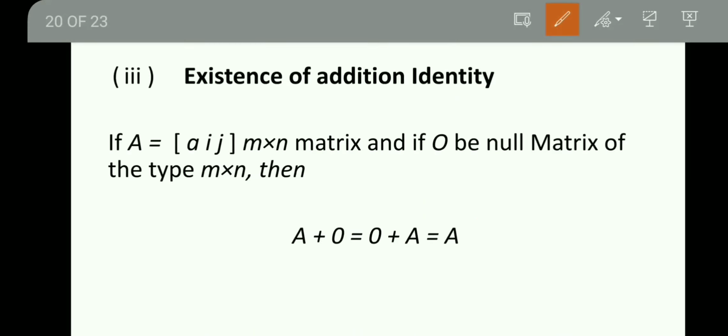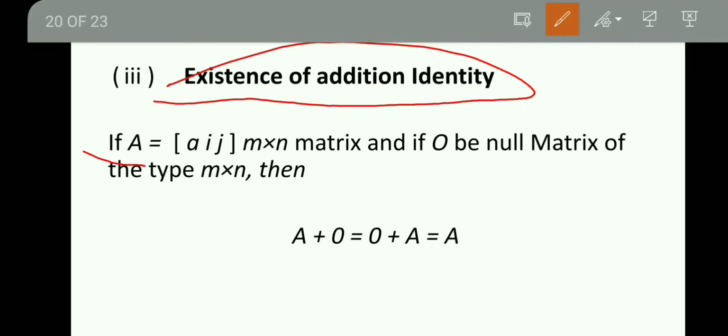The third, existence of additive identity. Let A be an m by n matrix, and if O be the null matrix of type m by n, then A plus O is equal to O plus A is equal to A. That is called existence of additive identity.